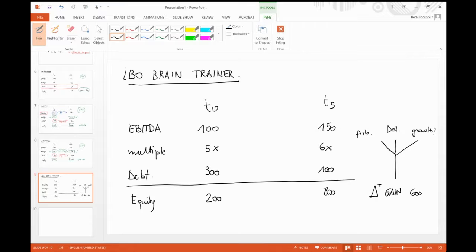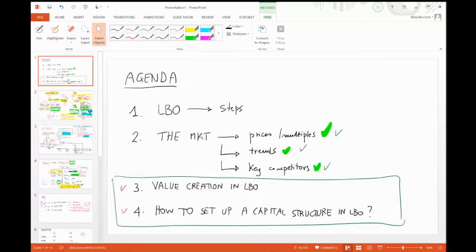And clearly, if you change simultaneously multiple and EBITDA, there will be an interaction term. So the delta multiple will interact with the delta EBITDA. And so think about it. It's a sort of a brain trainer. I will provide you the solution this afternoon in Blackboard. It's a nice way to apply some of the concepts that we have analyzed in this session. Okay? Very good. So after the brain trainer, we can conclude our session going back to the original point.